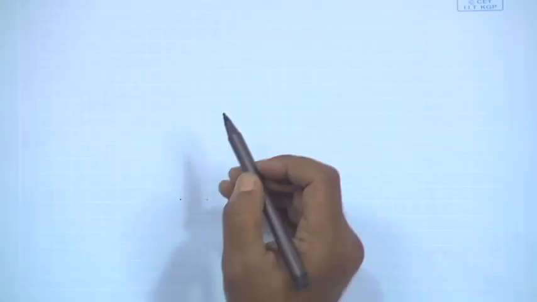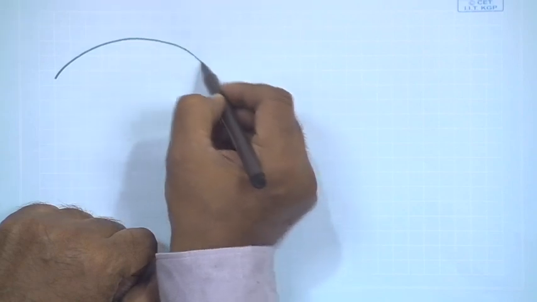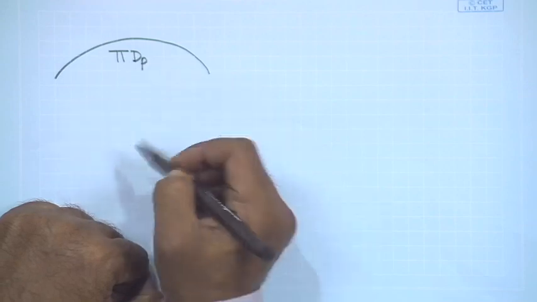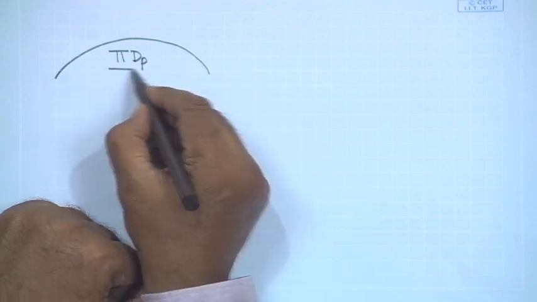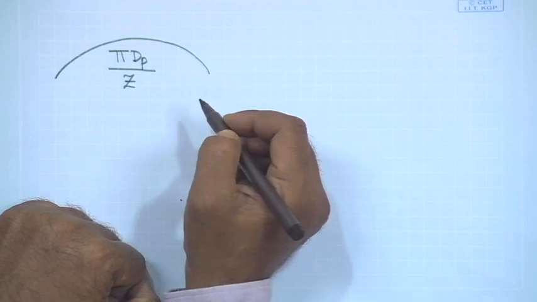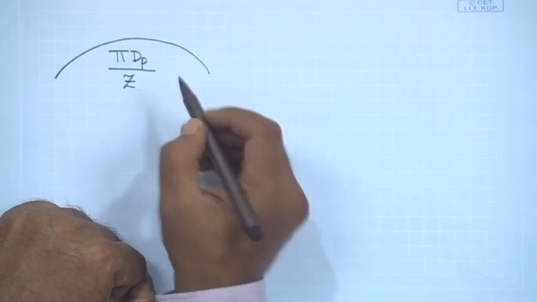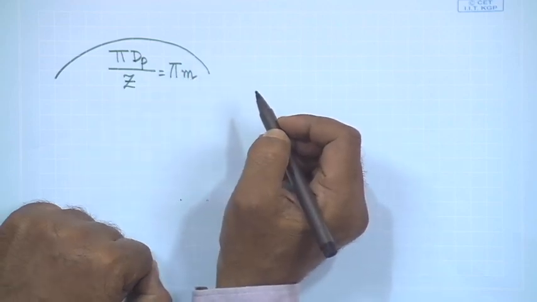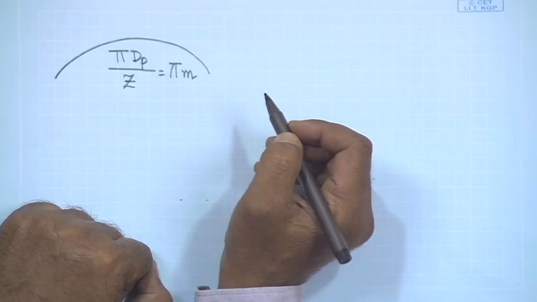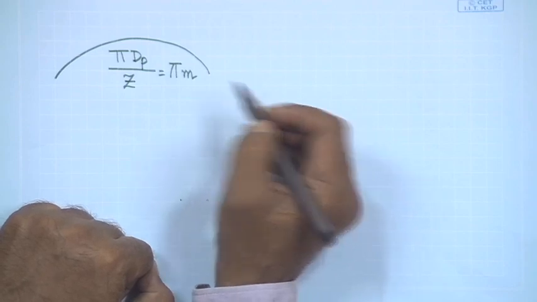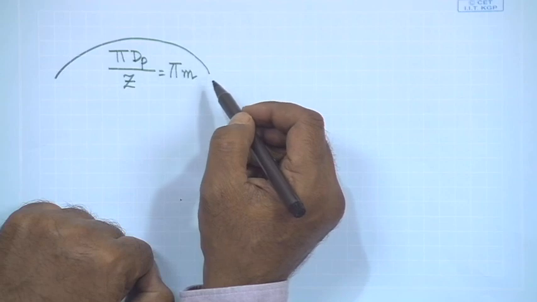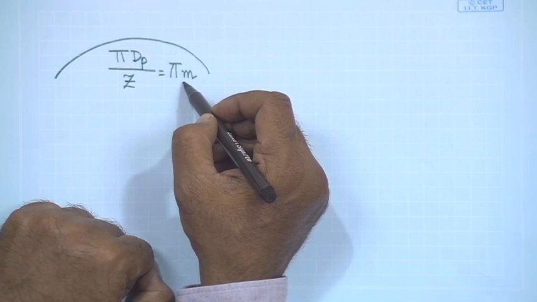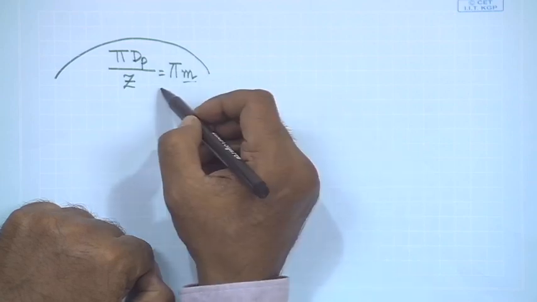Circumference being equal to pi into pitch diameter, this divided by the number of teeth z, gives us pi into m. So, that means the circular pitch, this being a spur gear, is equal to simply the module multiplied by pi.